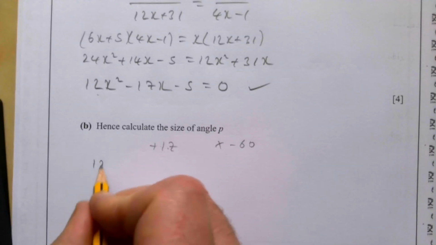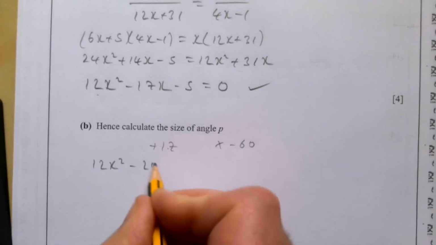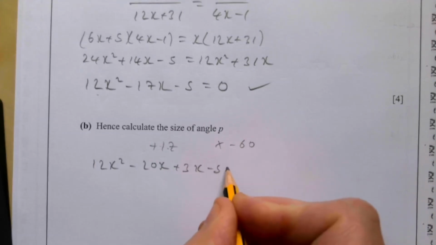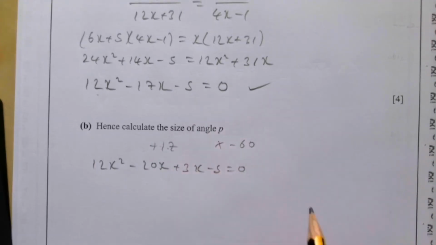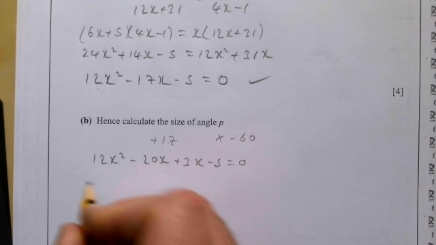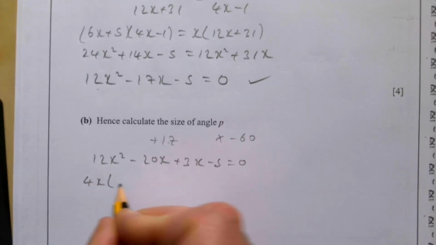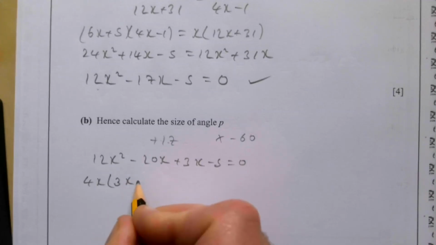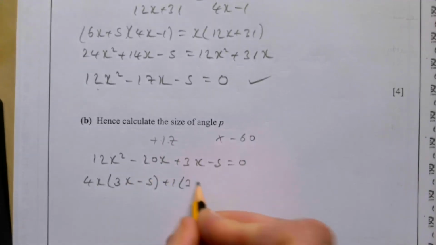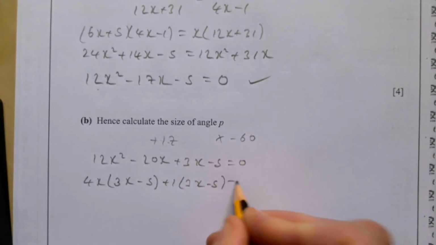So splitting my middle term, 12x squared minus 20x plus 3x minus 5 equals 0. Factorizing this, a 4x will come out, 4x times 3x minus 5, plus 1 times 3x minus 5 equals 0.